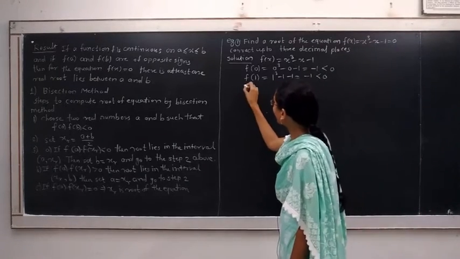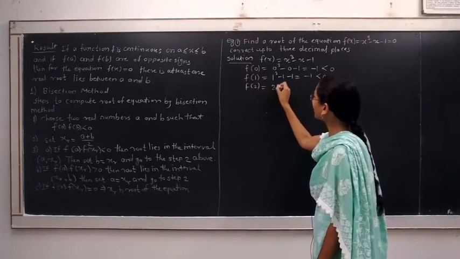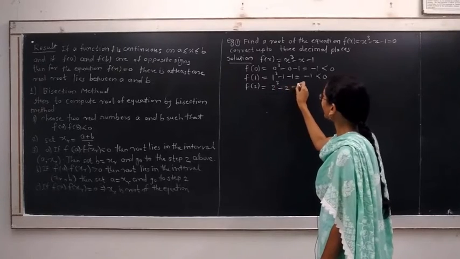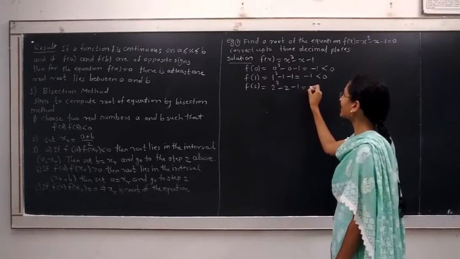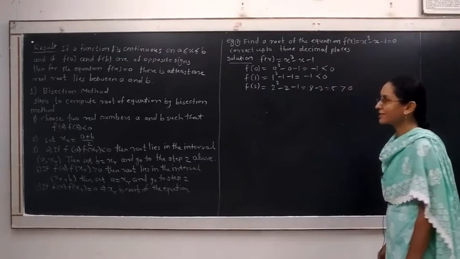Now we check f(2). f(2) = 2^3 - 2 - 1, which is equal to 8 - 3, which is 5, and it is positive.